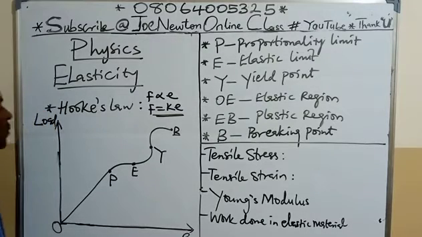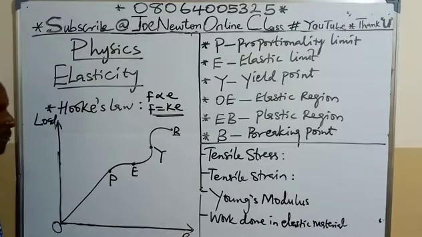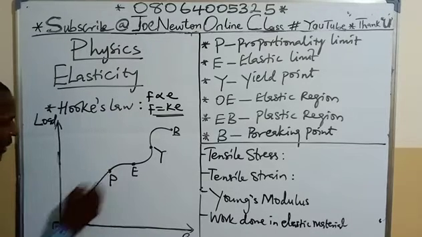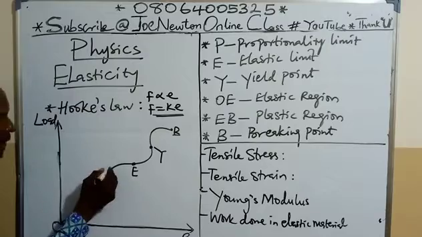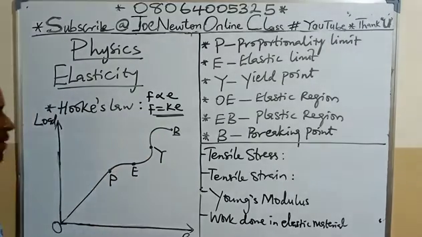Okay, now let us look at this graph. This is the graph of Hooke's law. That's the graph of load against extension. From this graph, we notice that from here to this point is a straight line. Then, from here to this point, you see curves. So, let us interpret this graph.